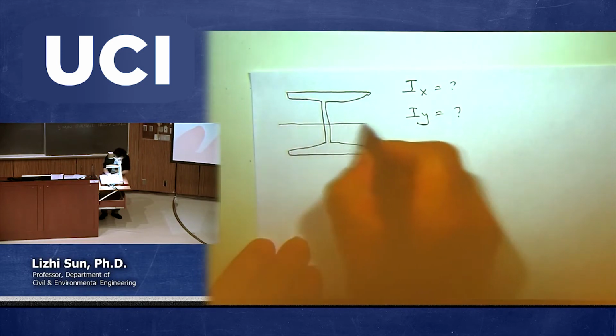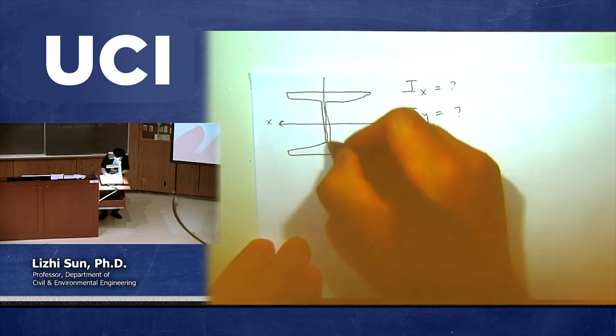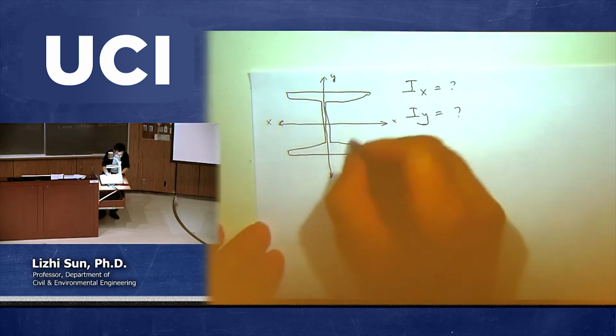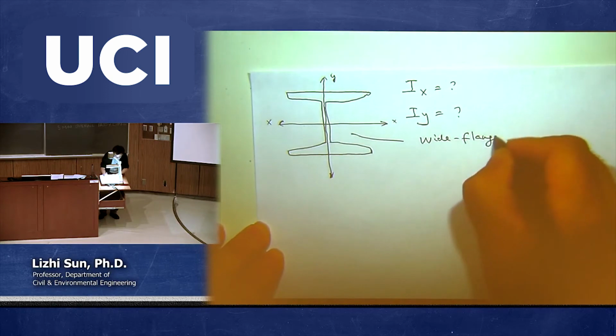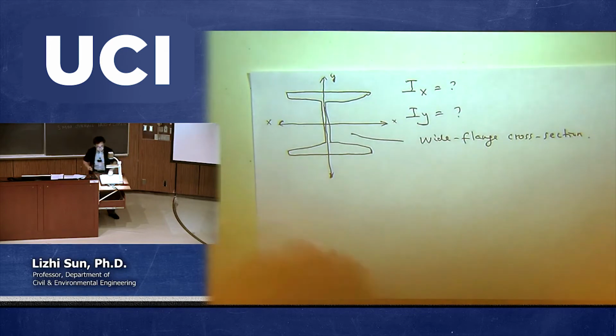Let's say x is this, and this is the y. In fact, this is typically called a wide flange section. Pretty much, this is the most widely used beam cross-section in real engineering.